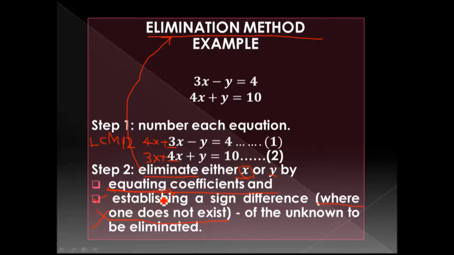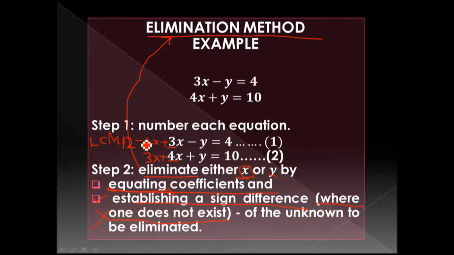But because there is no sign difference, we are going to make use of that process. Now the question comes to, how do we establish the sign difference? Well, we have to manipulate the signs on either positive 3 or positive 4 by placing a negative sign on our quotients. So you are going to place your negative sign on 4 or on 3.